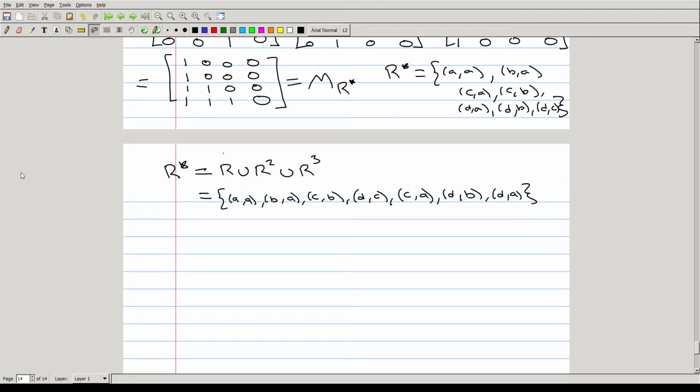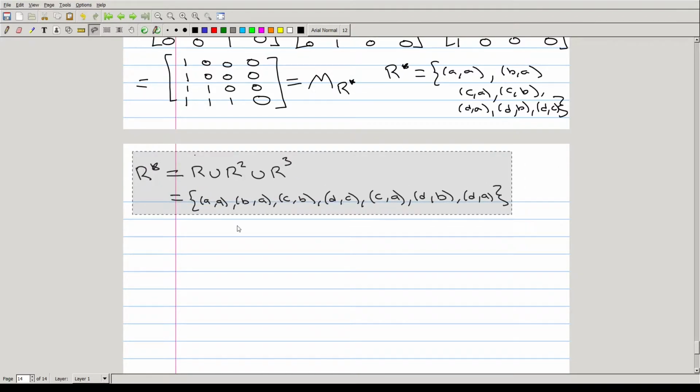But you can very clearly see that this closure that we calculated before using powers of the relation is exactly the same as the join of the powers of the matrix that represents this relation, right?